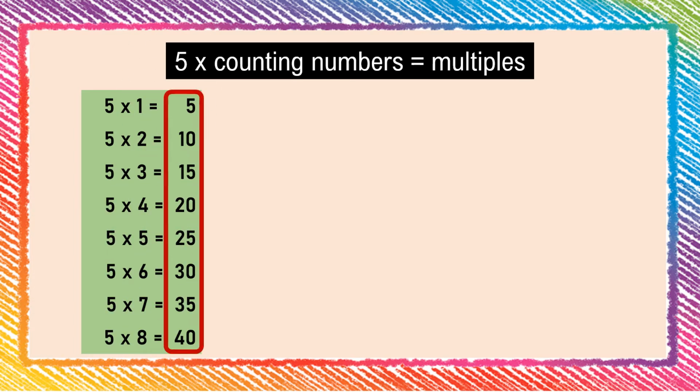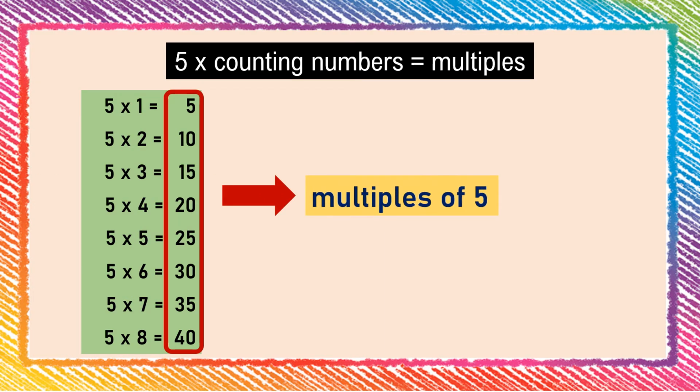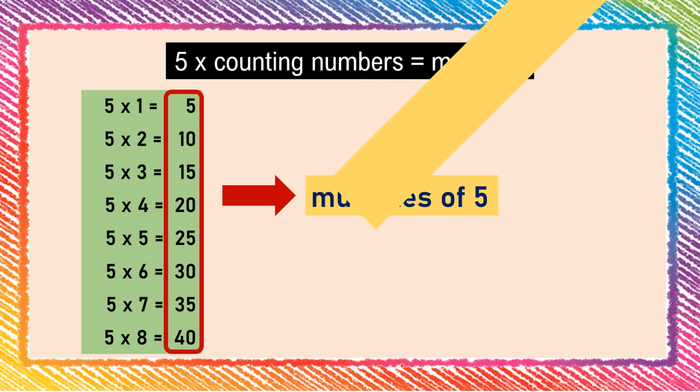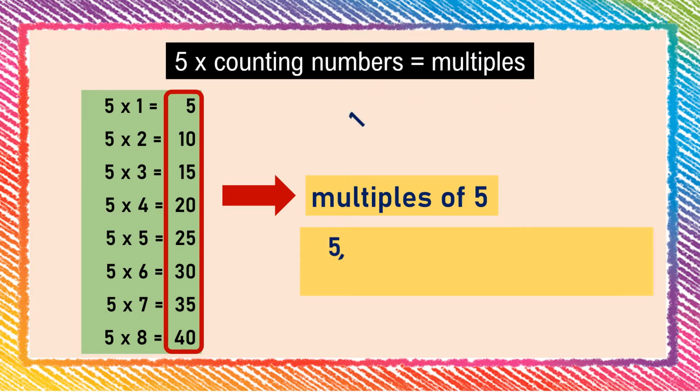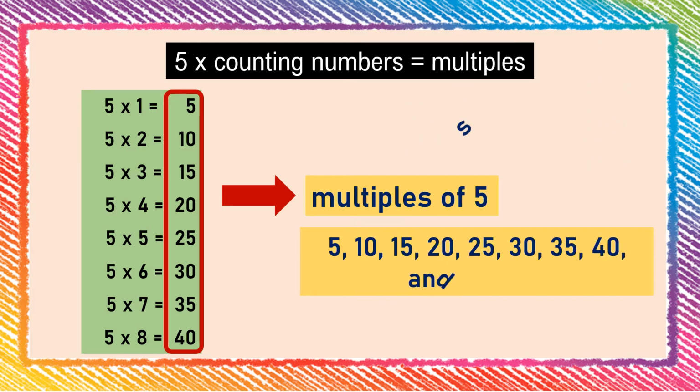All the resulting numbers are multiples of 5. So we have 5, 10, 15, 20, 25, 30, 35, 40, and so on. All these numbers are multiples of 5.